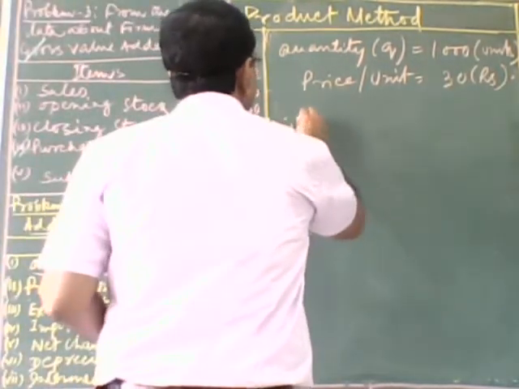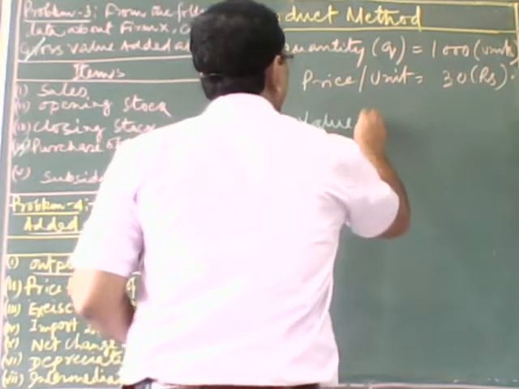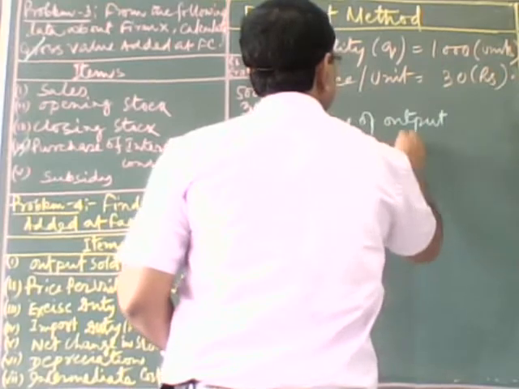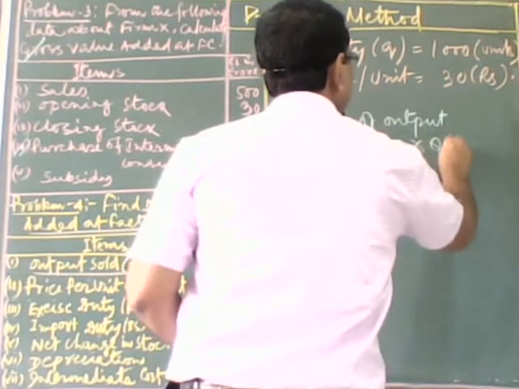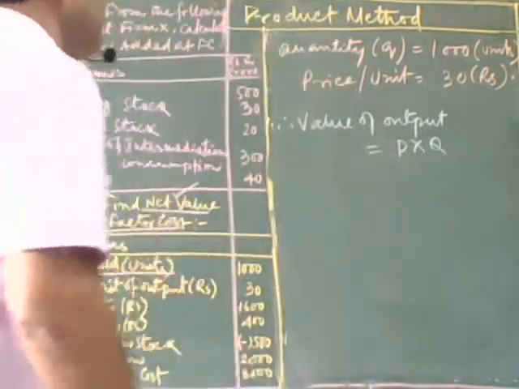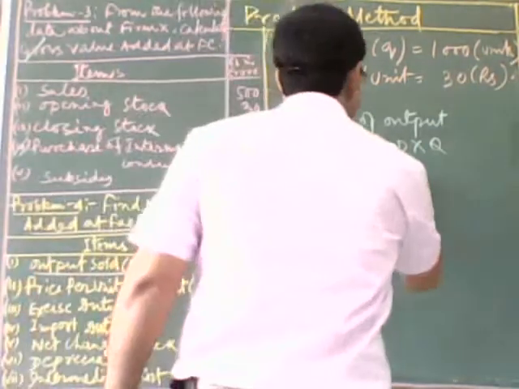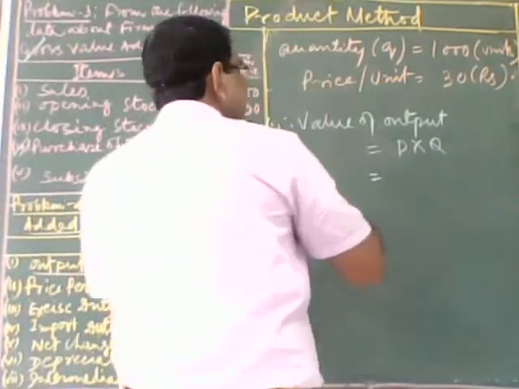Therefore, value of output is equal to P into Q, according to the concept of the product method. Already P is given.